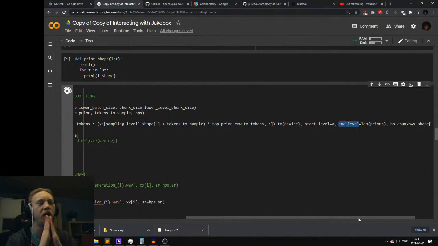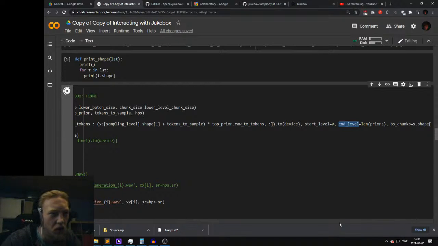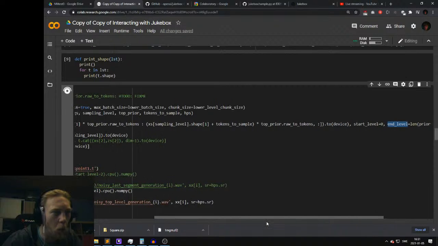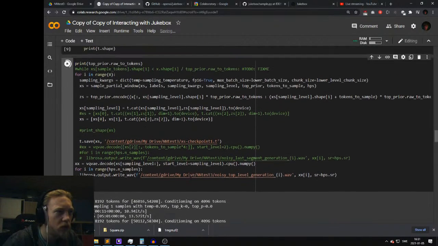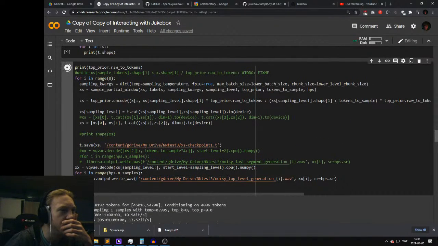What will the middle prior do when it is asked to encode down to the top level, level 2? This prior understands level 0 and level 1, and it's going to be asked to generate level 2 as well. Weird stuff.